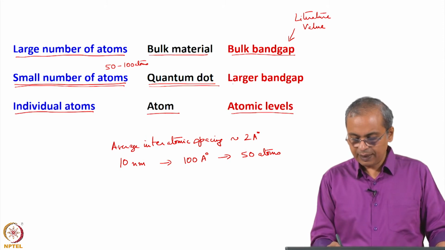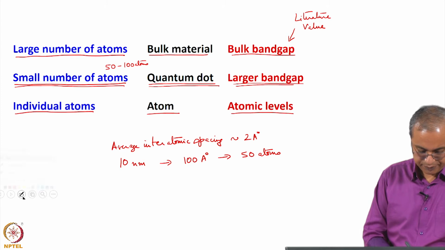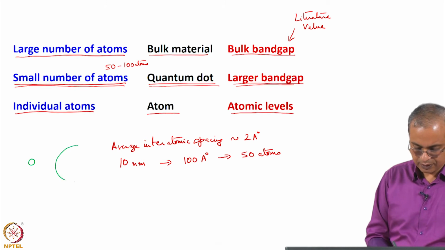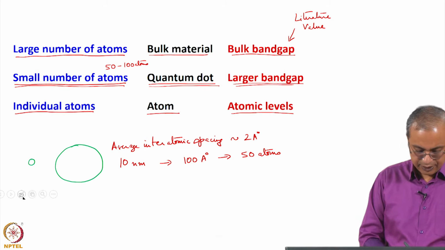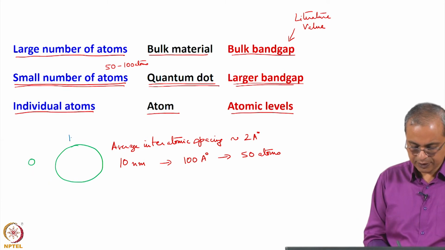So, in particular, let us say you have two particles, one small one and one large one, and let us say your exciton Bohr radius is this much.